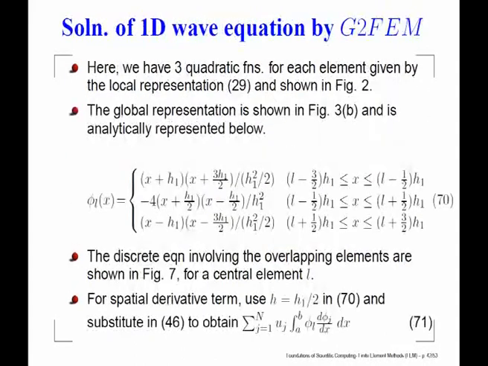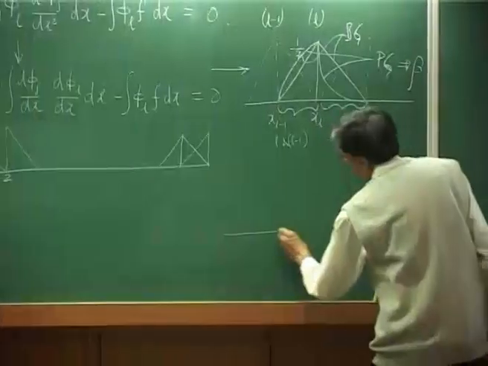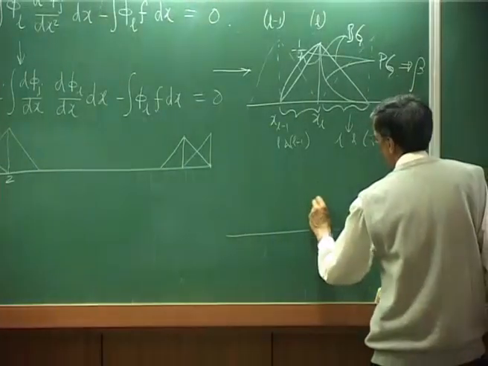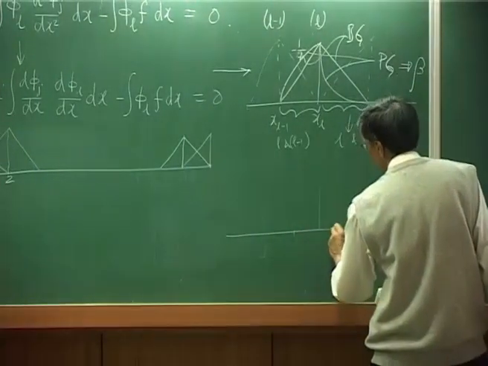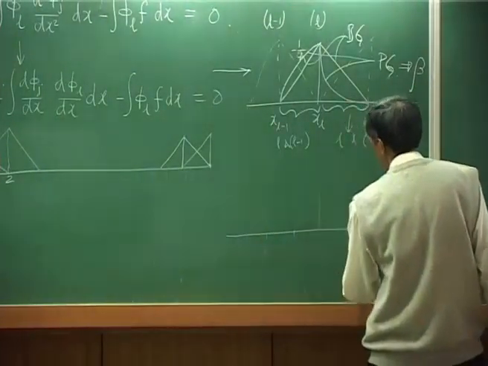So, this we have already seen. The basis functions look like this. Okay. So, we have those three sets of functions. If I do that again, so this is my point.